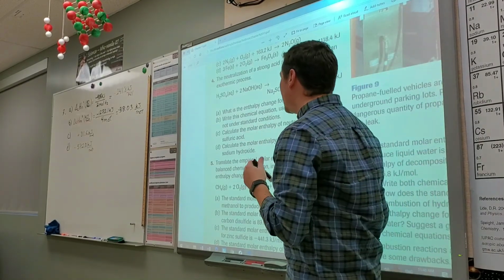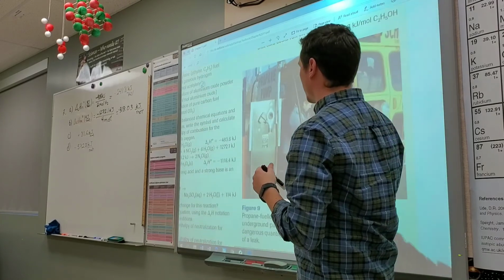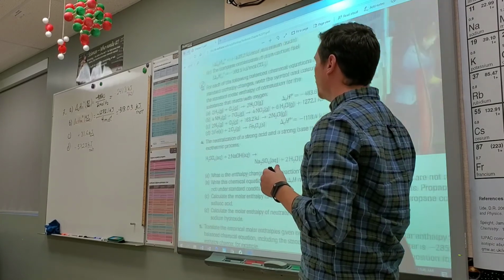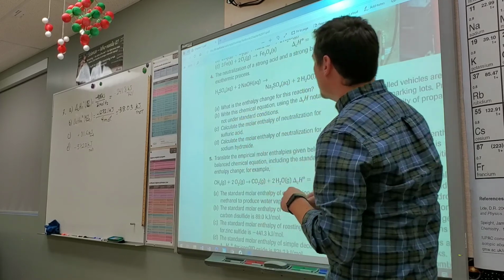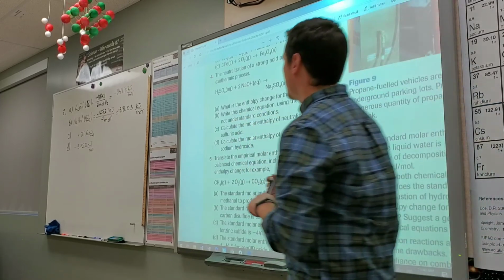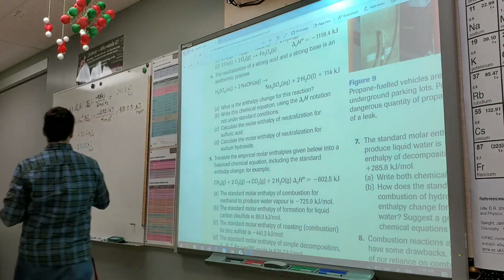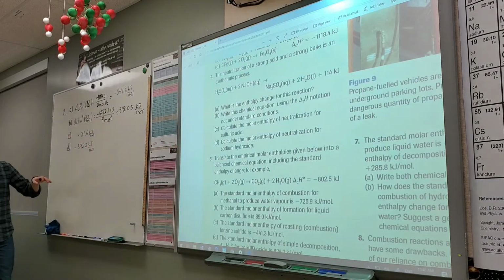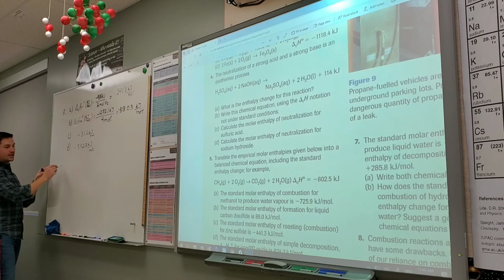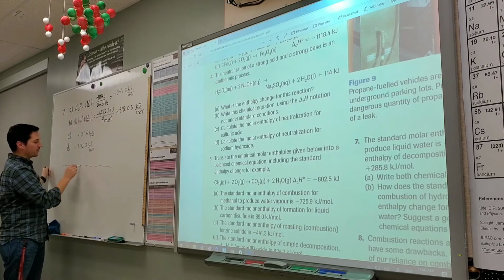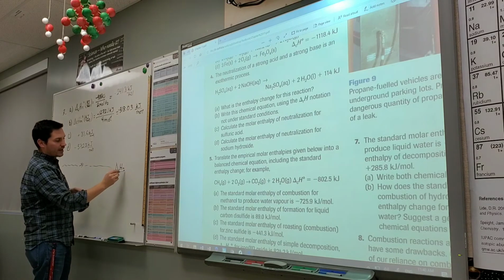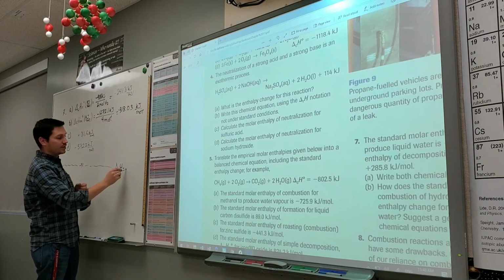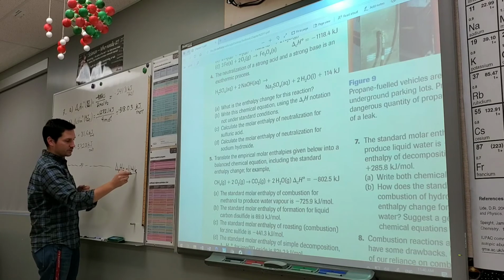But then for B, it says write the chemical equation using delta RH notation, not under standard conditions. So what that means is it wants me to rewrite the entire reaction, but the enthalpy of the reaction is going to be negative 114 kilojoules.